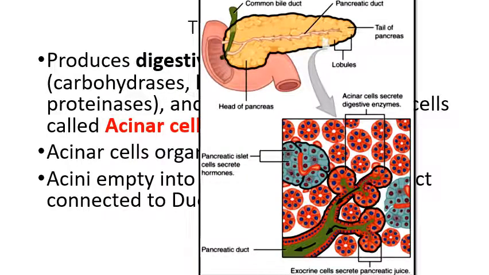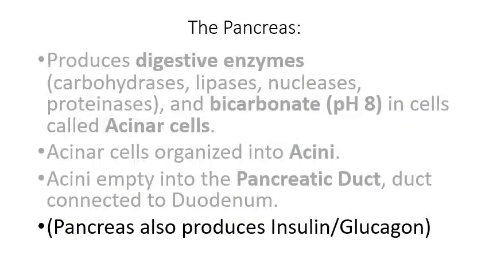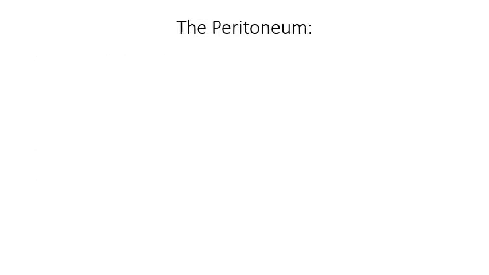Here you can see the acinar cells forming acini, which line the pancreatic duct and lead into the duodenum. And as I said, the pancreas also produces insulin and glucagon, which we'll talk about later when we get to the endocrine system.